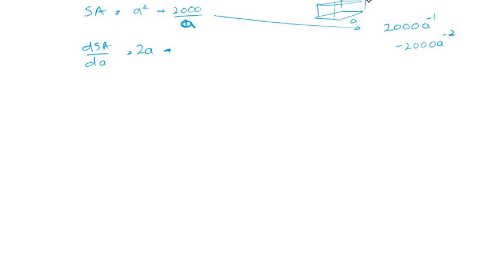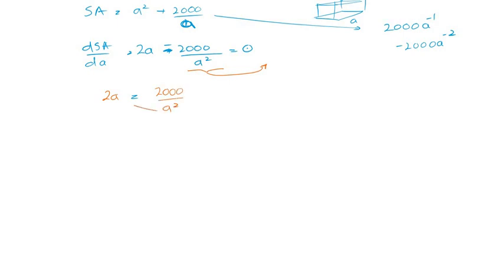So this is minus 2000 over A squared. We make that equal to 0. When we do that, we take this term to the other side and that makes it positive. So we have 2A equals 2000 over A squared.